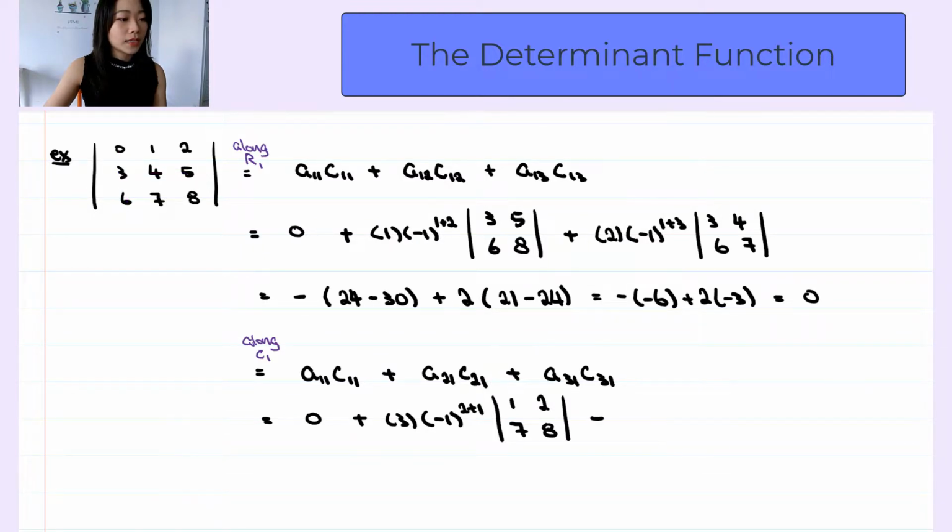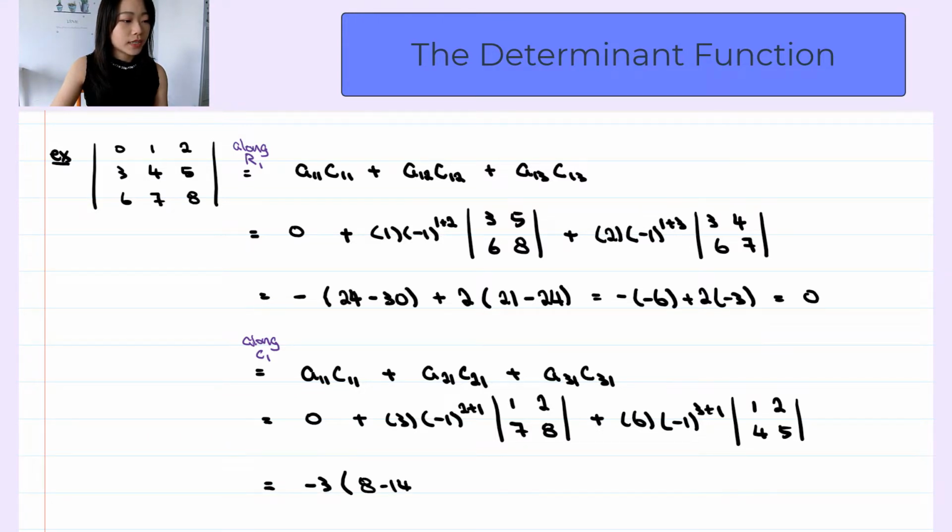Then plus A31, which is 6, and C31 is negative 1 to the power of 3 plus 1, then times the determinant of the minor matrix after we delete the third row and the first column. So determinant of 1, 2, 4, and 5. And this equals negative 3 times the determinant, 8 minus 14.